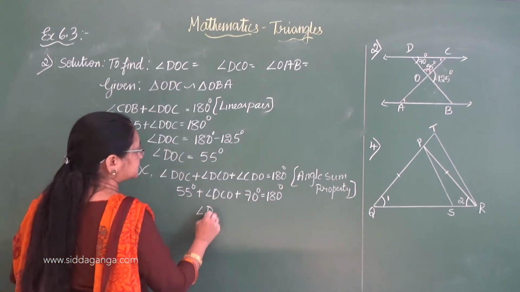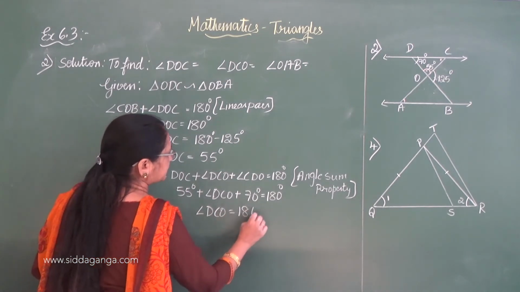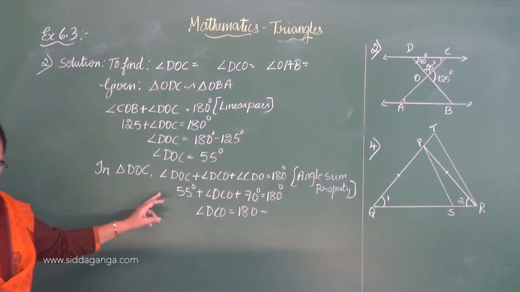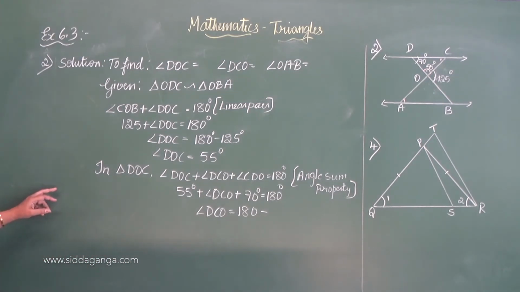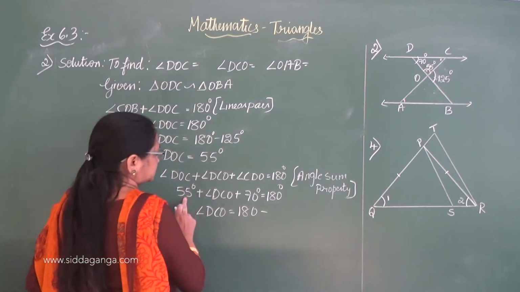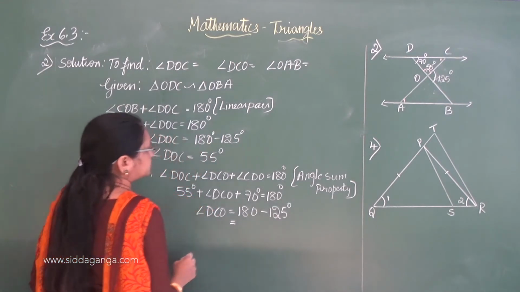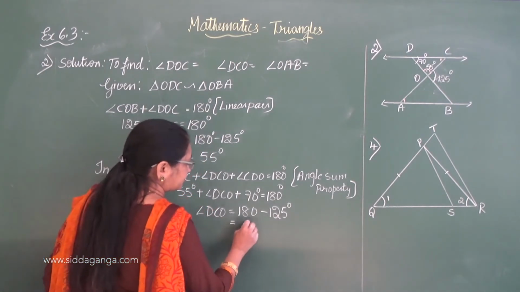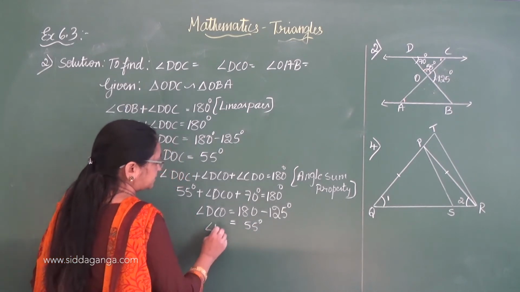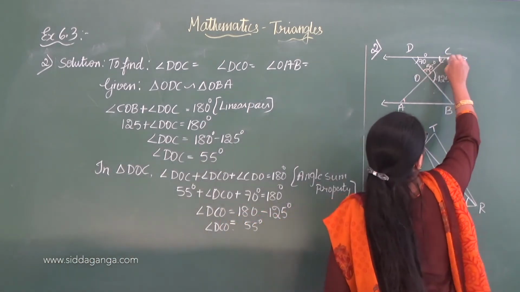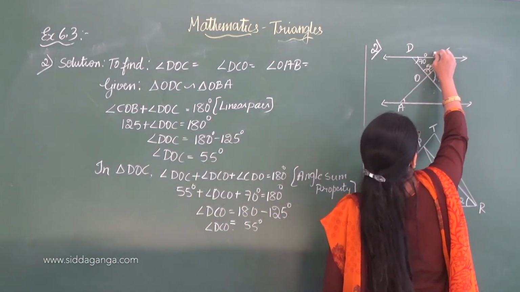So angle DCO is equal to 180 minus, these two you have to add, 70 plus 55. You will get 125 degrees, and again here you will get 55 degrees only. Angle DCO is also 55 degrees. Okay, we finished this. So let me write here 55 degrees.